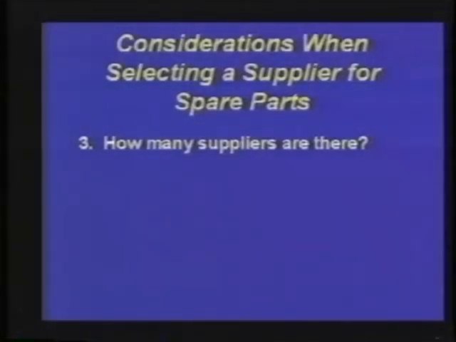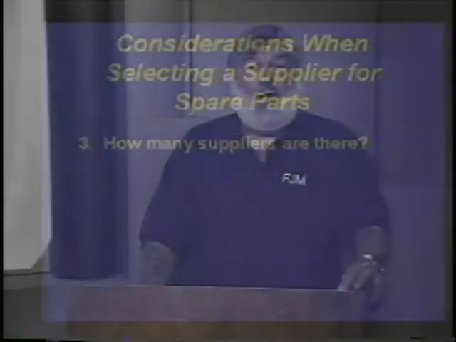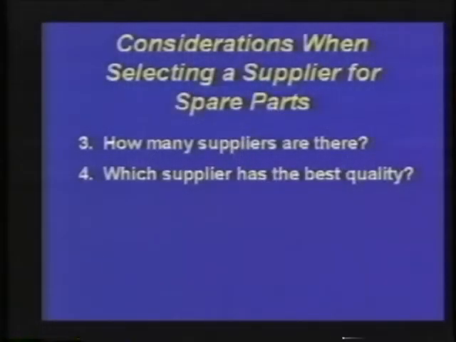And how many have you used, and what is their method of delivery, and how well have they been rated relative to quality, count, and delivery? And here you can go through a ranking process. Which supplier has the best quality? We're not dealing on price alone in today's maintenance purchasing environment.